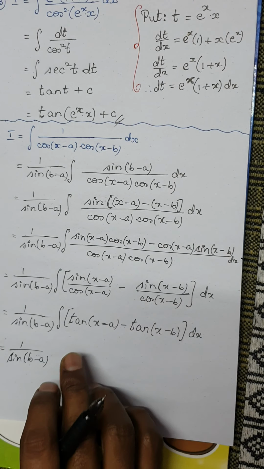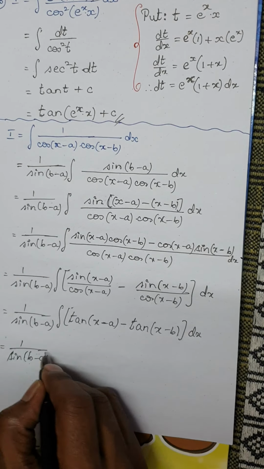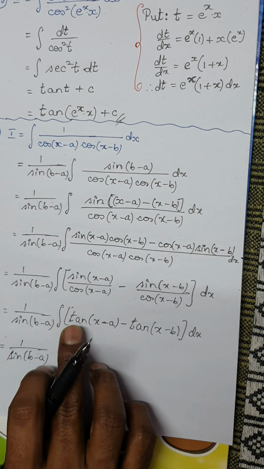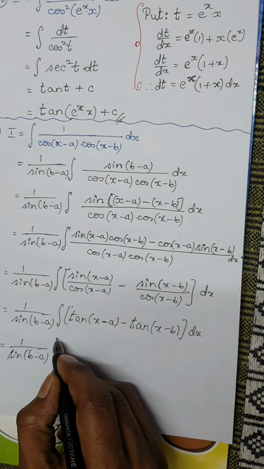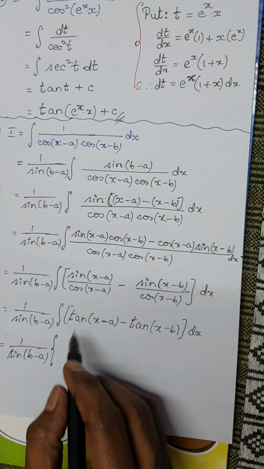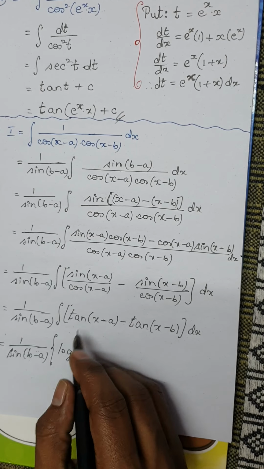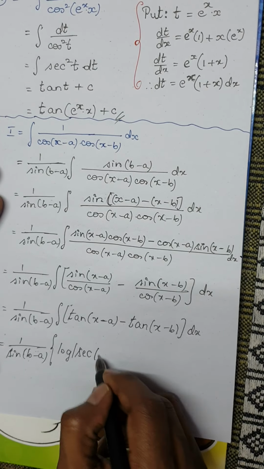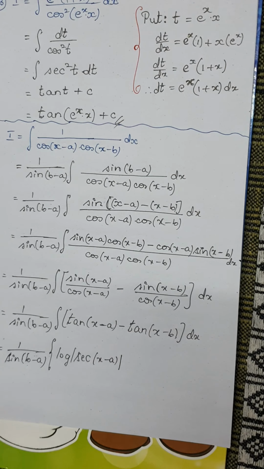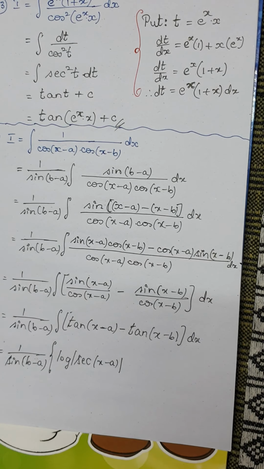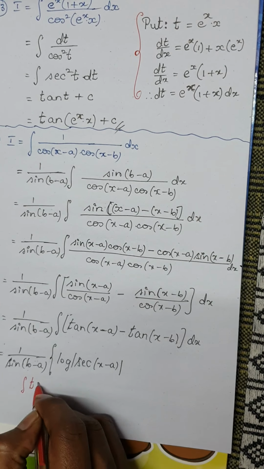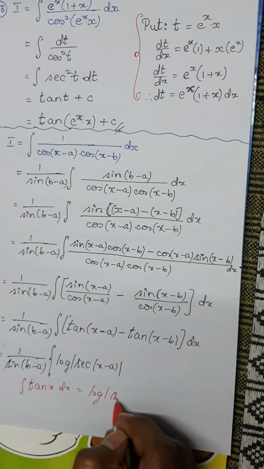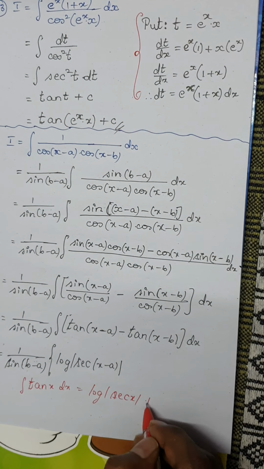Here I am using the result which I already told you in the first class: integral of tan is nothing but log of secant. So integral of tan x dx is log of mod secant x plus c. Here in terms of x minus a, I will write x minus a.